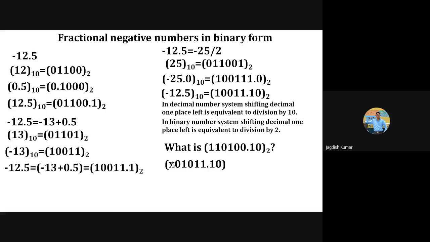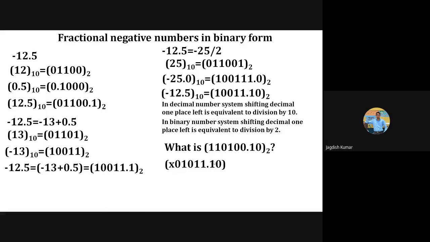Now the question is how to get the remaining answer. For these remaining bits, we have to take the 2's complement to get the answer, correct? And what is the 2's complement of these bits?